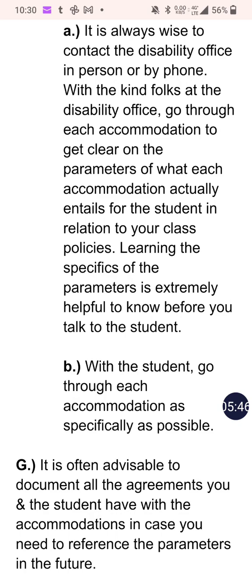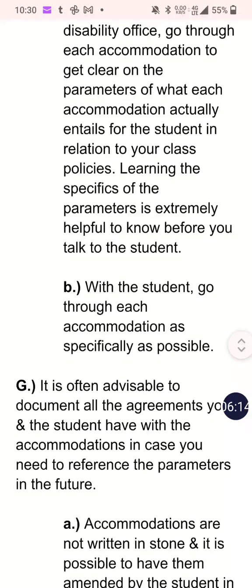In other words, how many days out of the semester can they miss that is fair? And likewise, what percentage of the participation points, say if you offer participation points, is fair to offer if the student is absent, situations like that. You want to be really clear on that so that it's clear for you and the student.